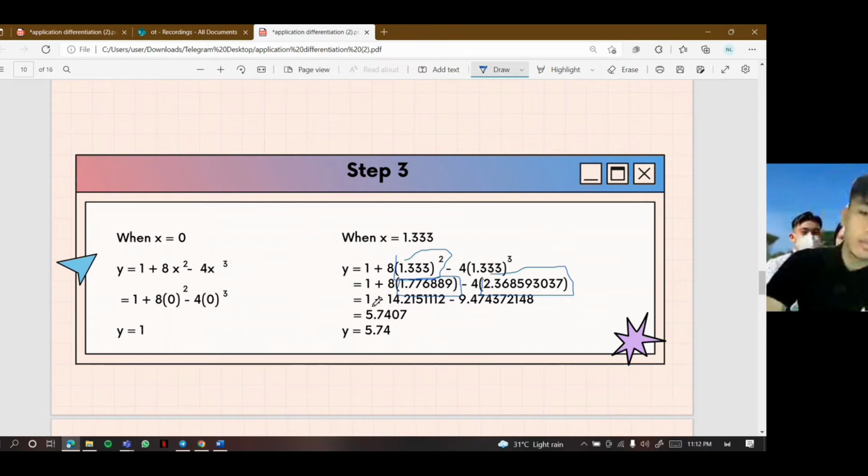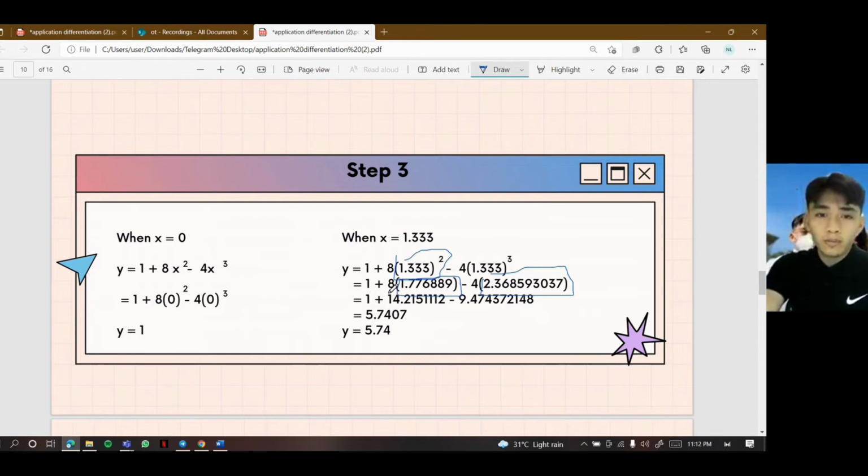Now we go so far again. So 1 plus 1 plus 14.215112 minus 9.4743237214.